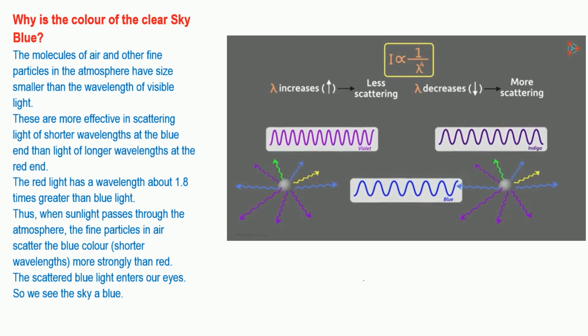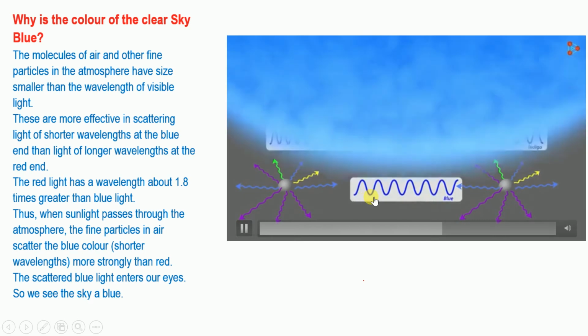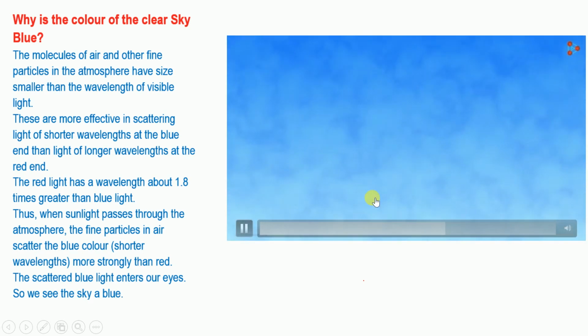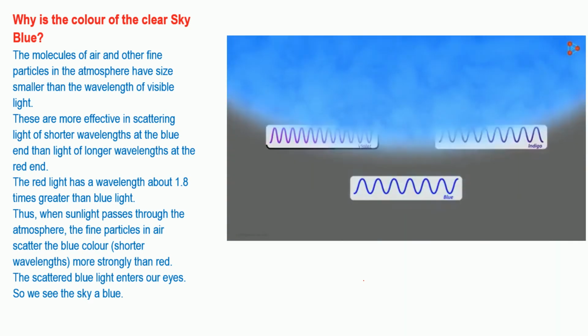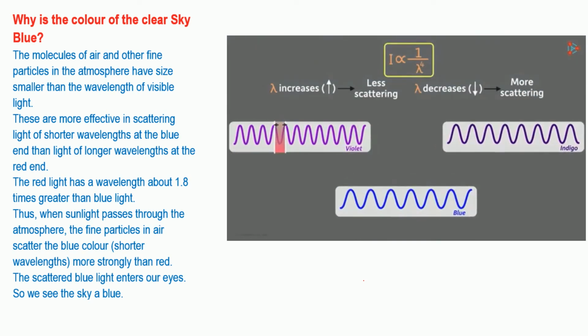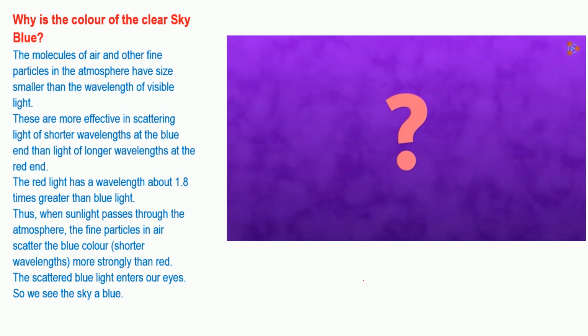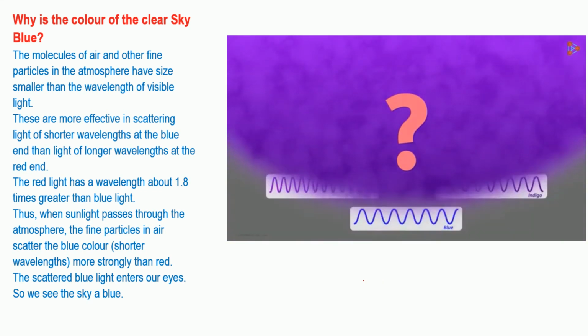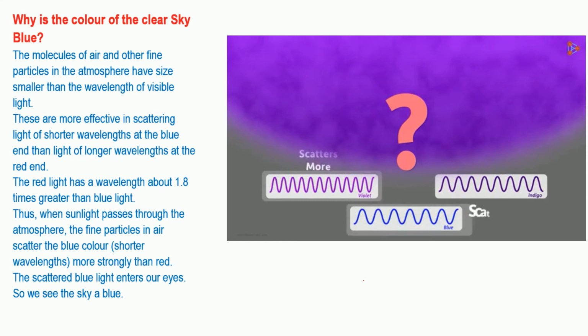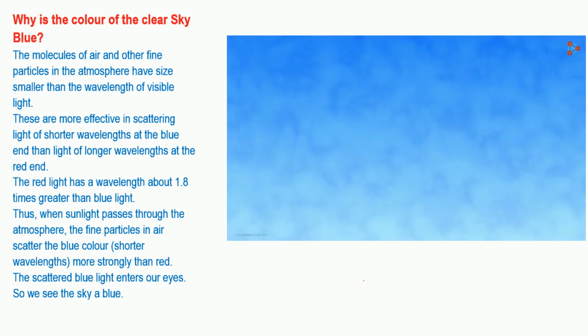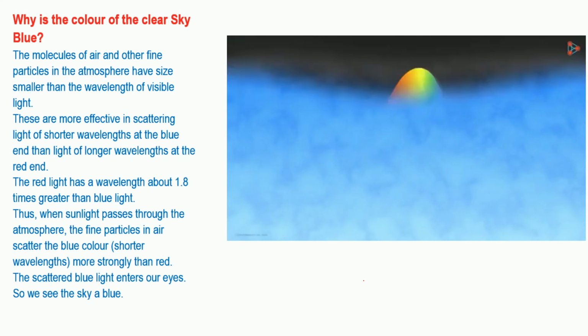Among that, which reaches our eye is blue. Understand? The other is scattered off. Whichever color reaches us, that is what we see. So violet does not reach us, therefore it cannot be seen.